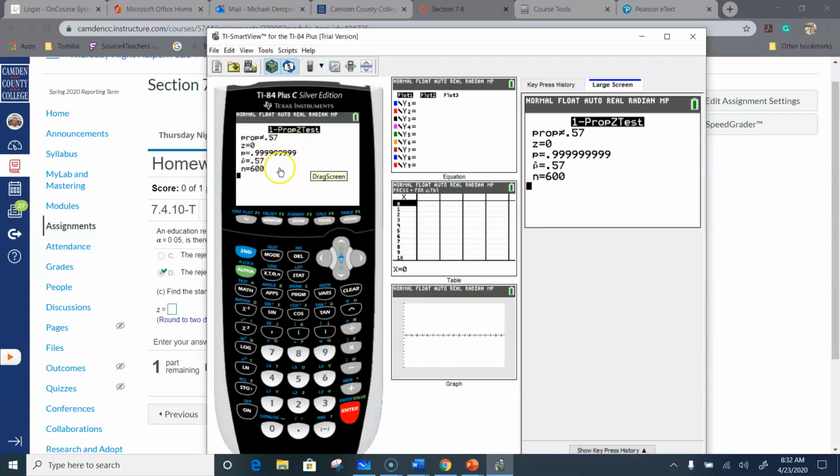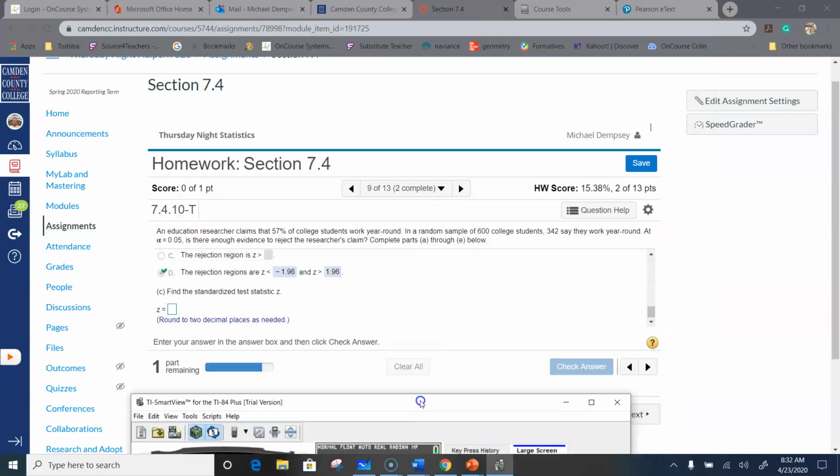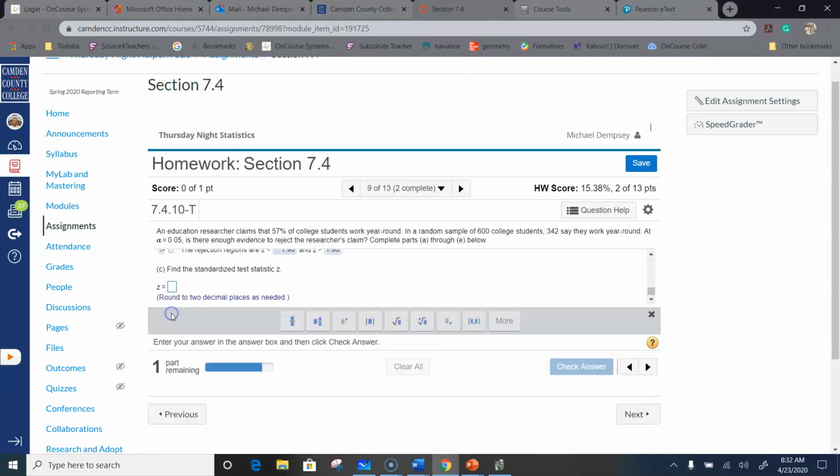So we get a p-hat of exactly 57%. Let me just double check that. 342 divided by 600. So if this really equals 0.57, we have no chance of rejecting the claim. We got a value that's exactly equal to that claim. So our z-score, our test statistic, was 0.